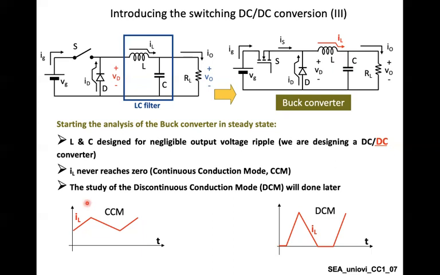In a DCM, the current in the coil reaches zero and remains zero for a portion and then starts up again like this. However, in the CCM, or the continuous conduction mode, the current in the coil is always above zero. It goes up and down in a ripple format, as you will see.